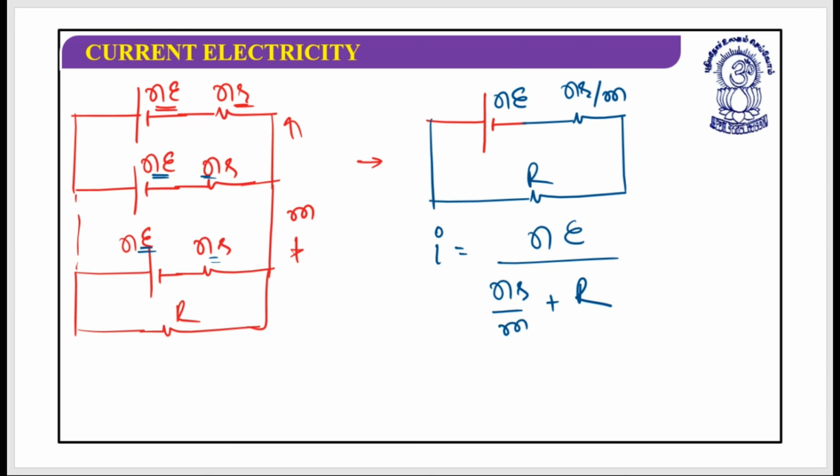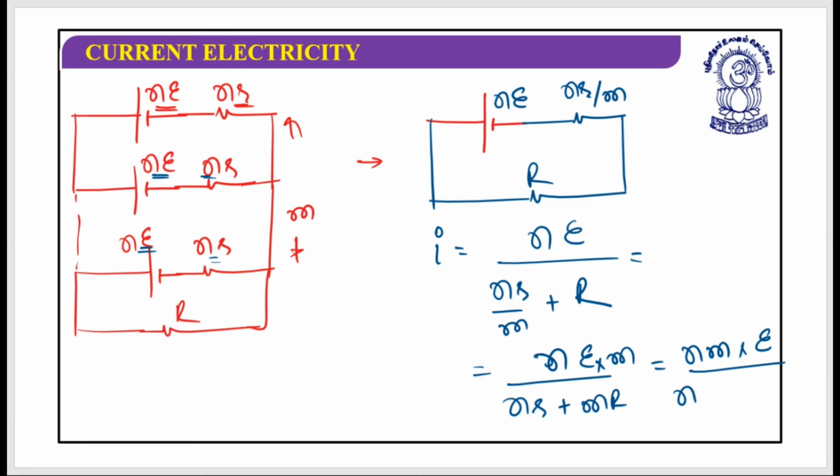I hope these things are clear. If you want, you can simplify this as NE divided by NR plus MR, multiplied by M, which is N into M into E divided by NR plus MR. I hope this is clear.